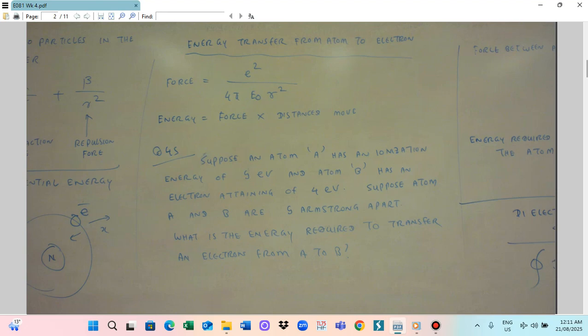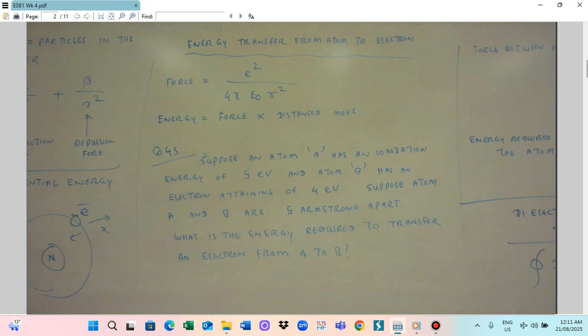In this case, atom A has the ionization energy 5 electron volts, and atom B has 4 electron volts. The distance between A and B is 5 angstroms. What is the energy required to transfer the electron from A to B?